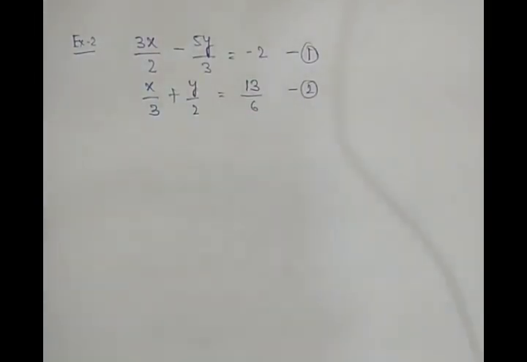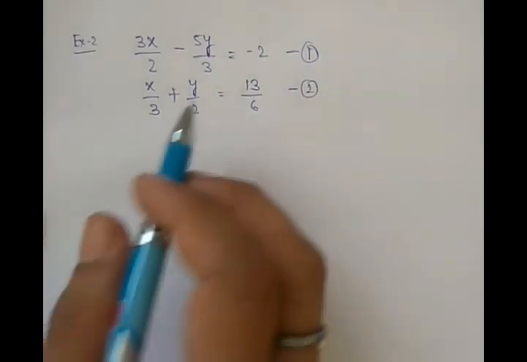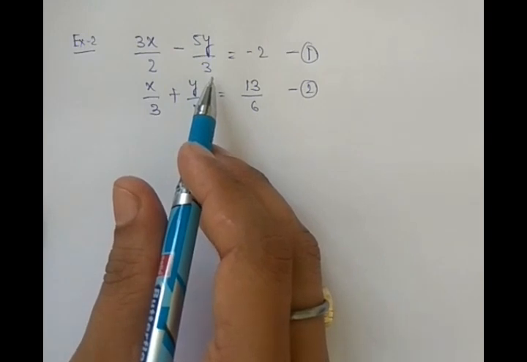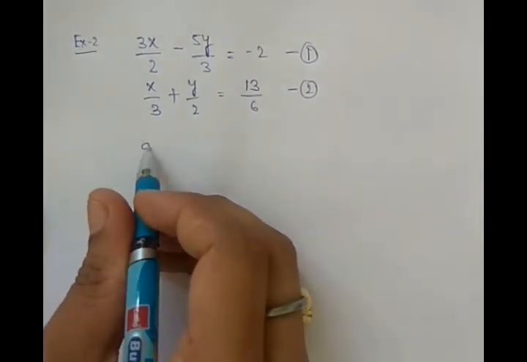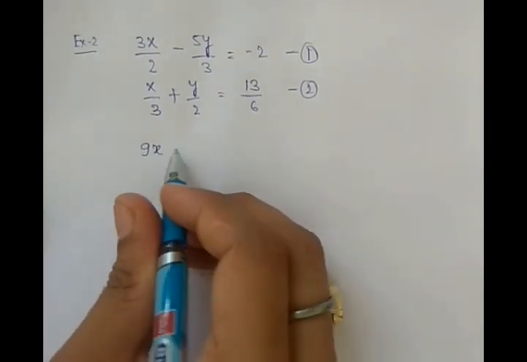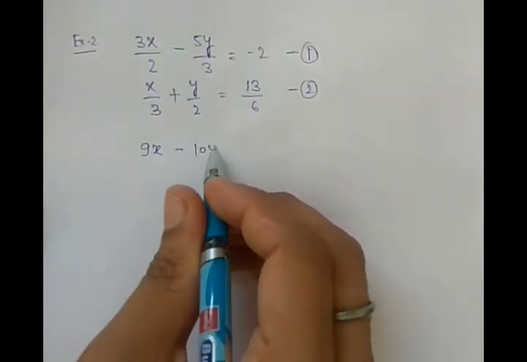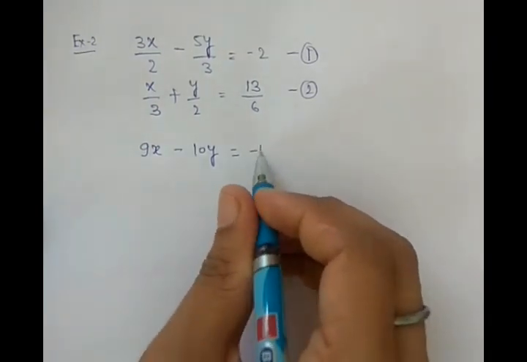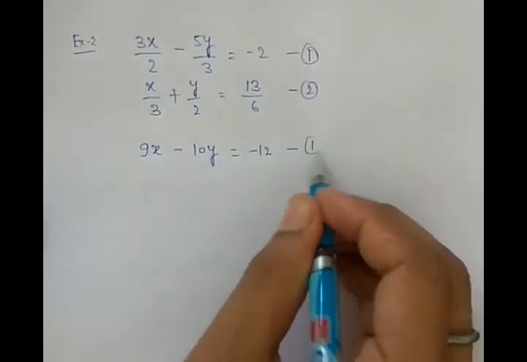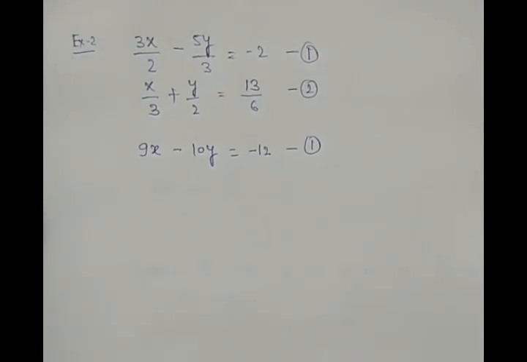Now first we will try to write these two equations in the standard form. If you take the LCM for the first equation, it will come out as 6. So the first equation will be 9x minus 10y is equal to minus 12. This is your equation number 1 in the standard form.